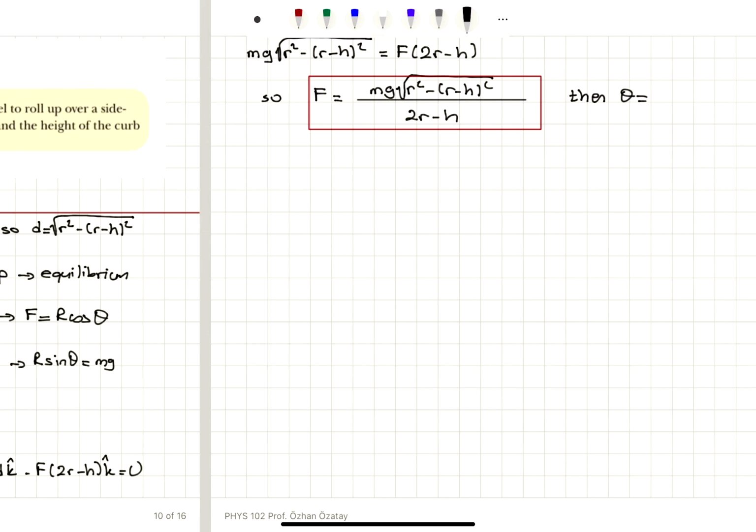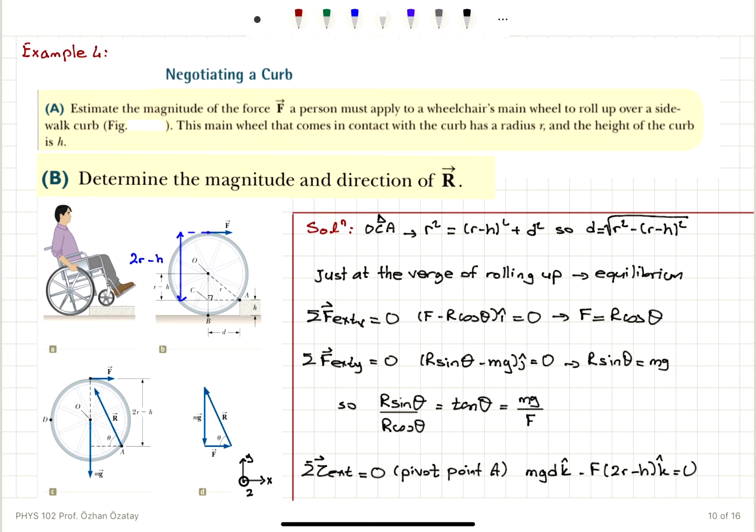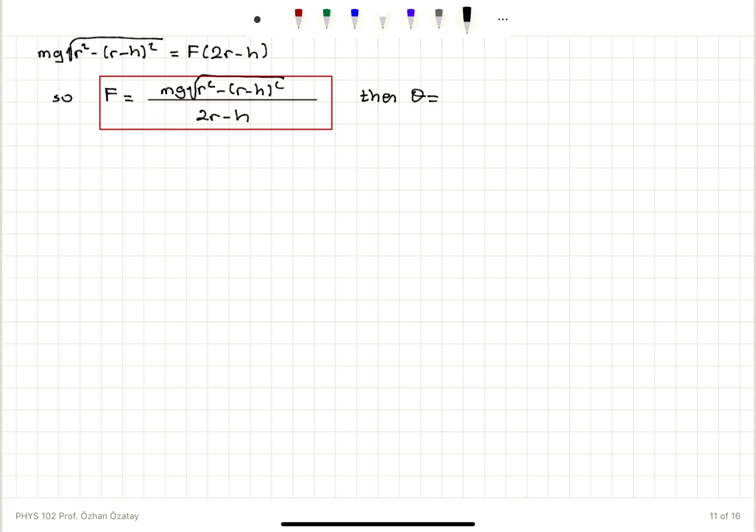Theta, the angle this contact force R makes with the horizontal, is tangent inverse of mg over F. So for F, I substitute this result: mg times (2r minus h) divided by mg times the square root of r squared minus (r minus h) squared.